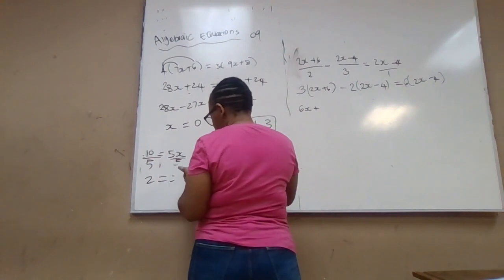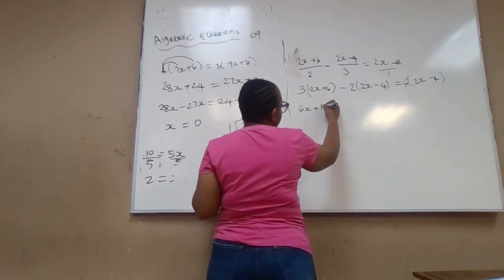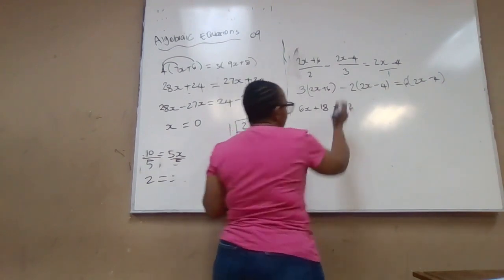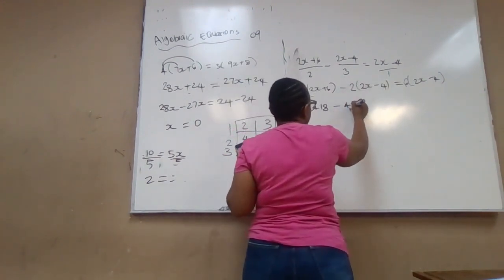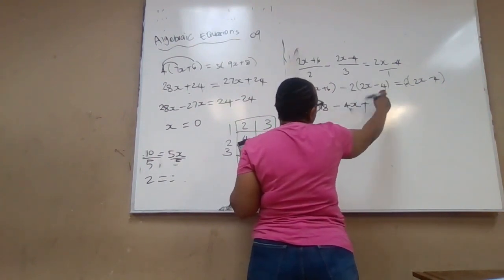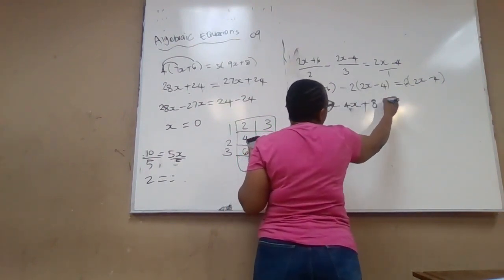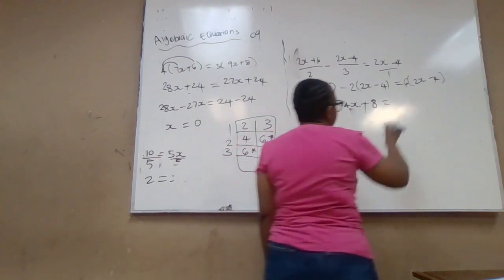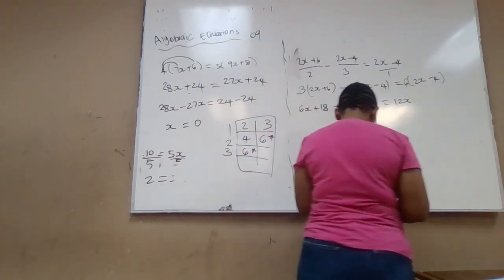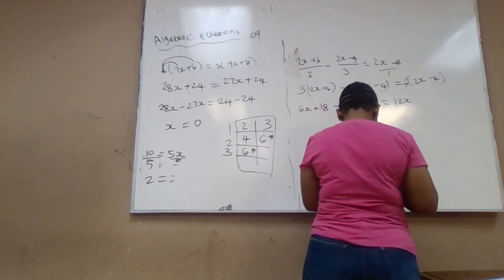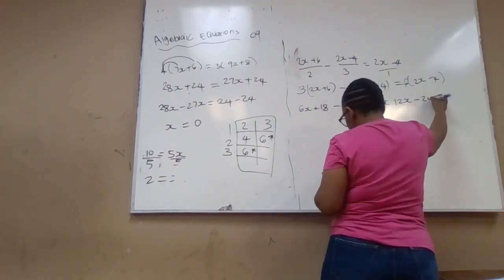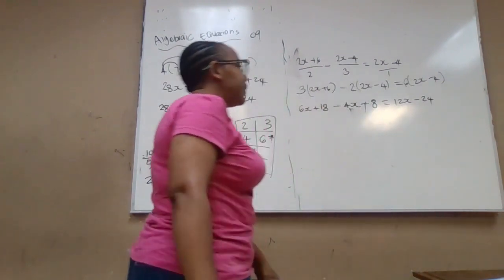Just make sure, times 6. 18, plus 18 minus 2 times 2x, 4x, plus 2 times negative 2 times negative 4, plus 8 equals 6 times 2x, 12x, 6 times 4, negative 24. Okay? It is now in linear form.